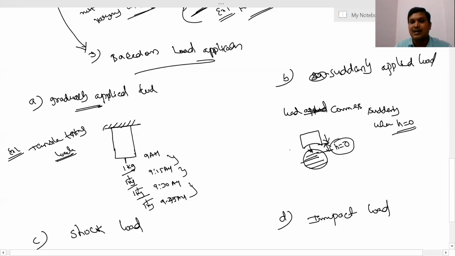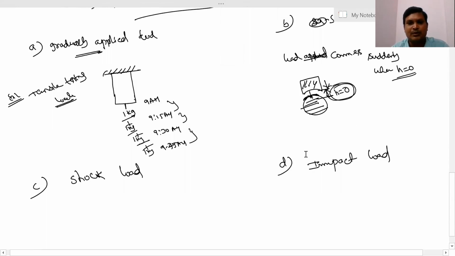The brake shoe suddenly contacts the brake drum with height 0. Even if there is a height, it is negligible. That is called suddenly applied load, without intimation. Sudden load comes suddenly with a very small height.